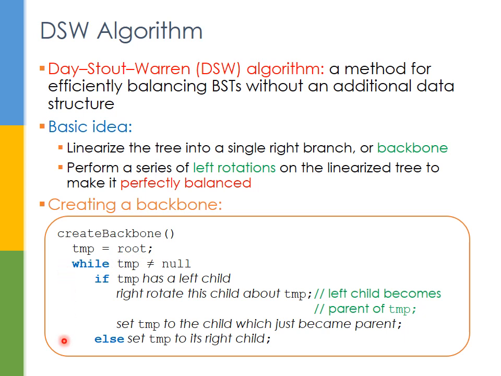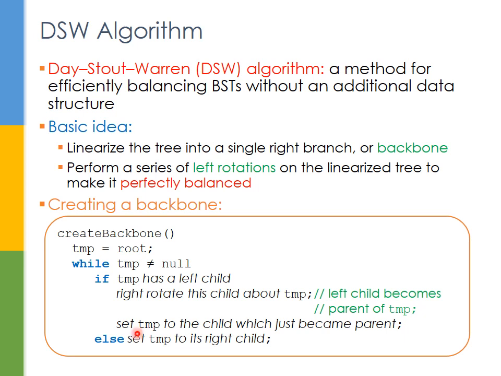So then we have a loop that continues, and inside the loop we then check temp, and we test to see whether it has a left child or not. So if temp then has a left child, then we perform a right rotation of this child about temp. So in other words, temp will then rotate down in the tree, and the left child will rotate up to become temp's parent.